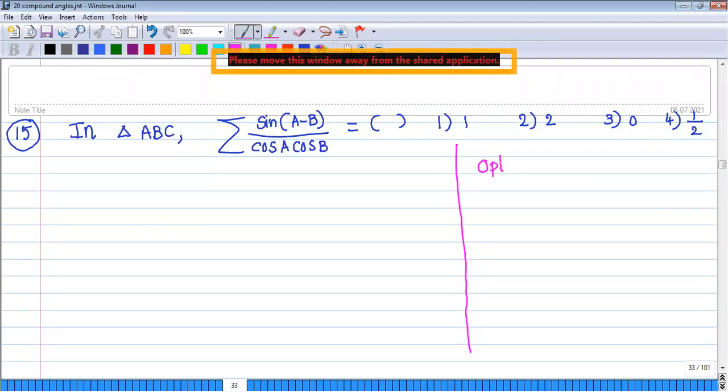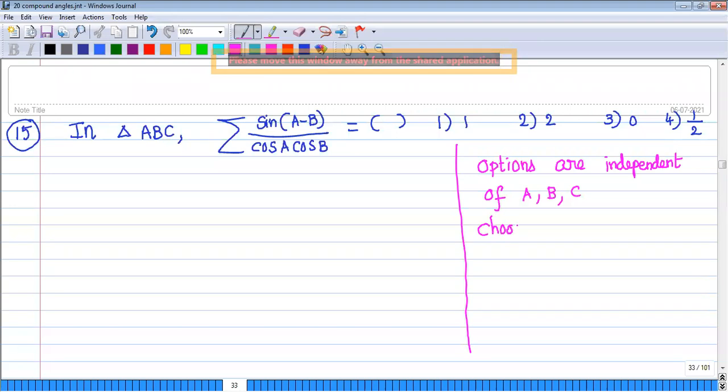Options are independent of angle A, angle B, angle C. So choose A equal to B equal to C equal to 60 degrees.